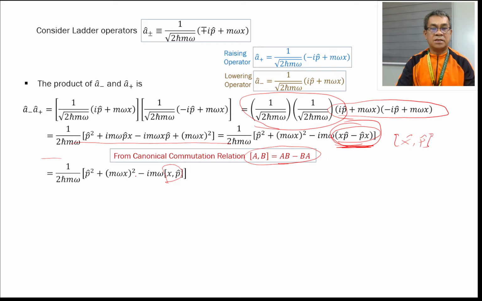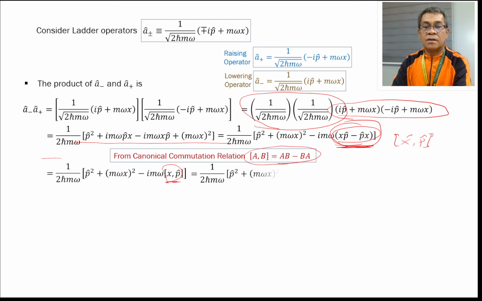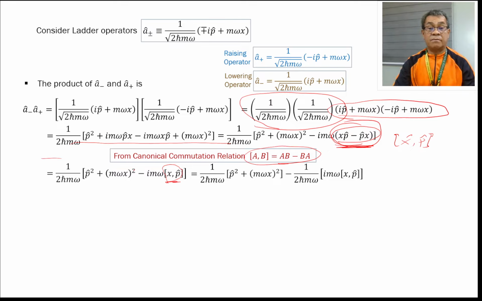So we can replace that with this one. Not so difficult, it's just replacing that. With that, now if you distribute the constant such that we can form this one.